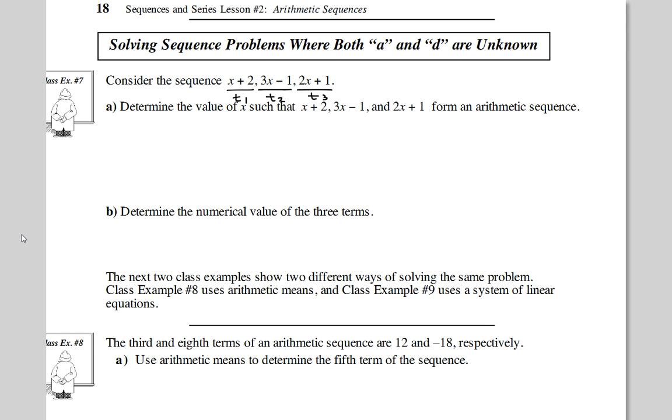So if I just gave you numbers, how would you find the d value? If I just gave you numbers, what would you do to find the difference? You would take the next term and subtract the previous. Okay, so let's just do that with the first two terms. 3x, take away 1. That's the second term, right?